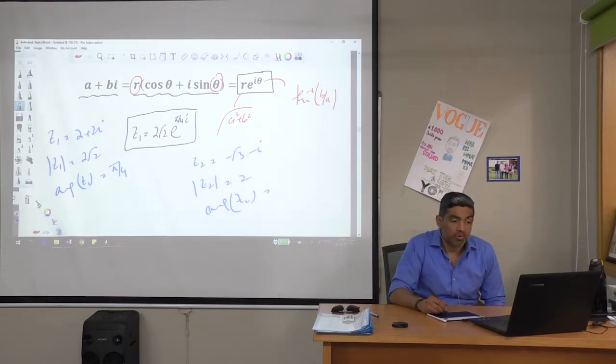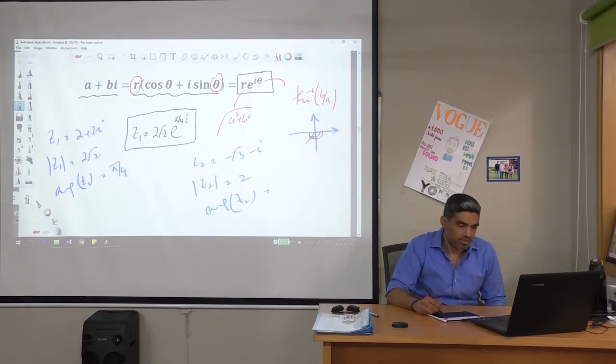Now this is in the third quadrant. Check. Minus root 3 minus i. So this is the argument that you will take. You will get this from tan inverse b upon a. If you do tan inverse b upon a, you will get the basic angle, which is pi by 6.